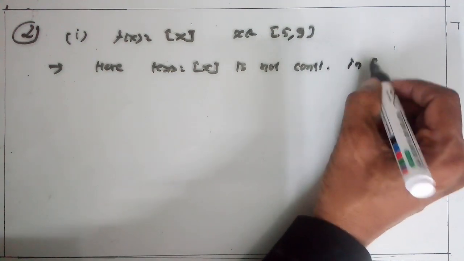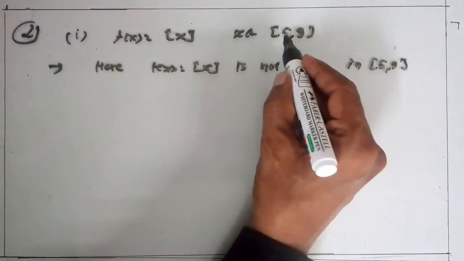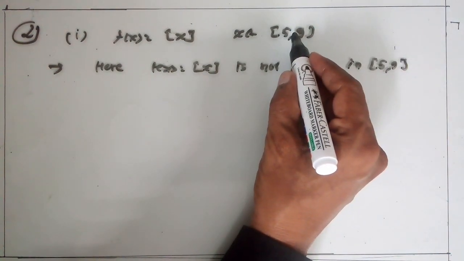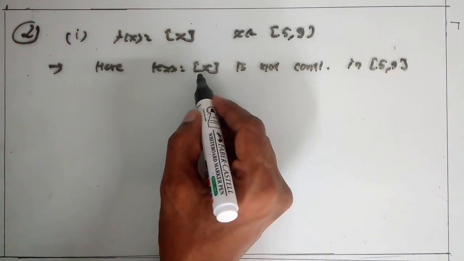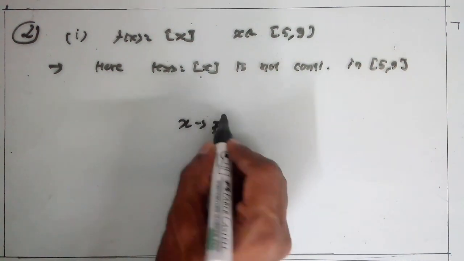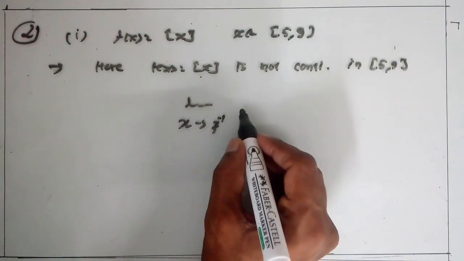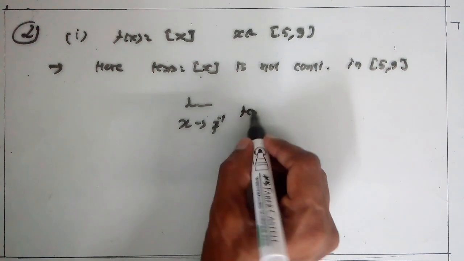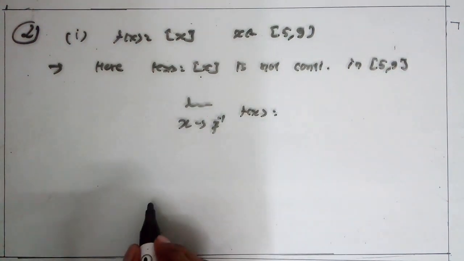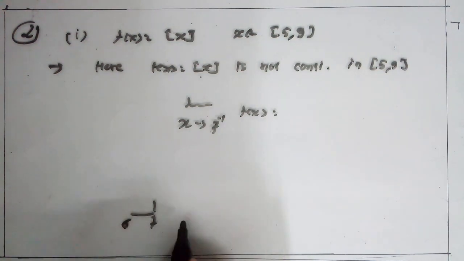in [5, 9]. Taking any point, take x = 7, then this is not continuous. As x tends to 7 from the negative side, f(x) becomes 6, with x less than 7, so 7, this side 6, this side 8. Clear?